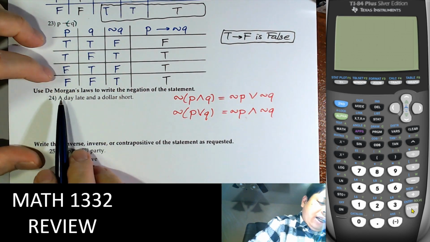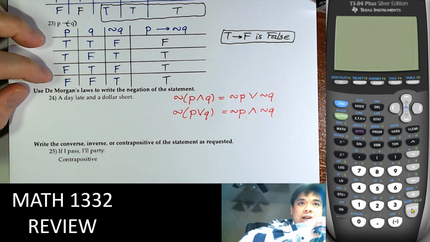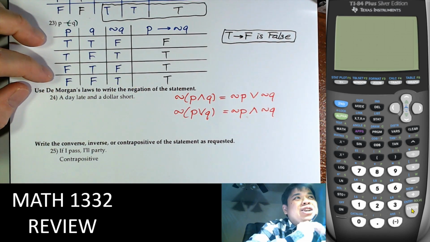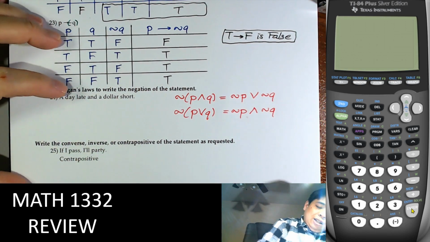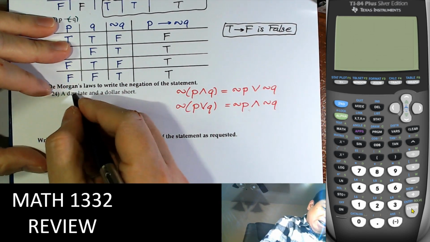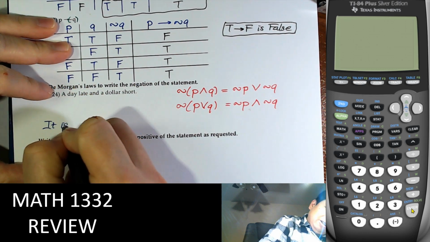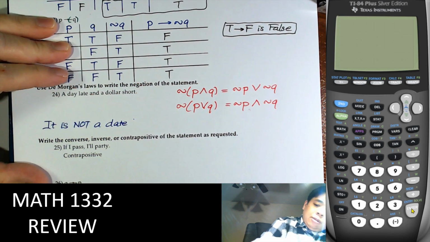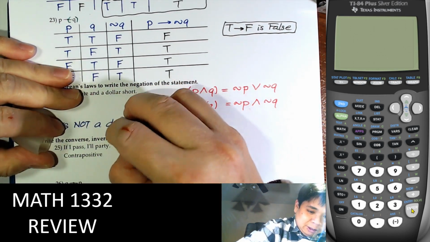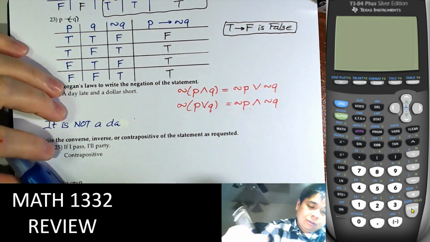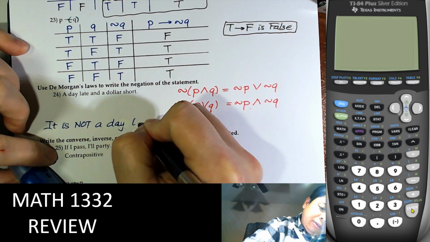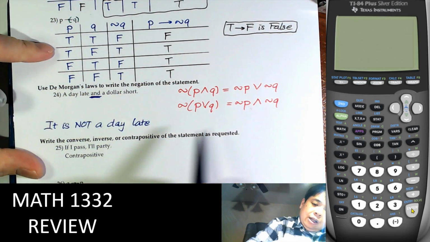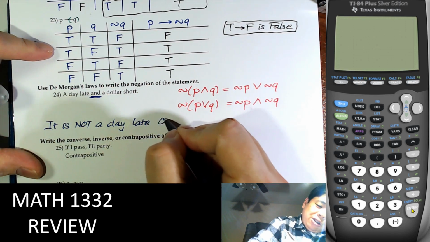Right. Here we said a day late and a dollar short. So we're going to negate both of them. It's not a day late, and we have to turn it into or, because that's De Morgan's law.